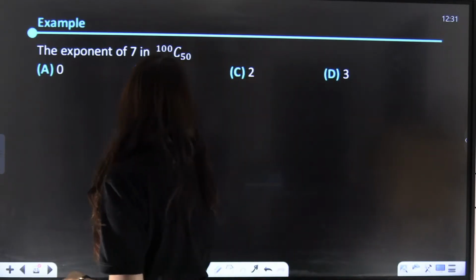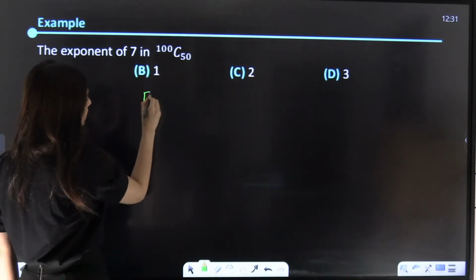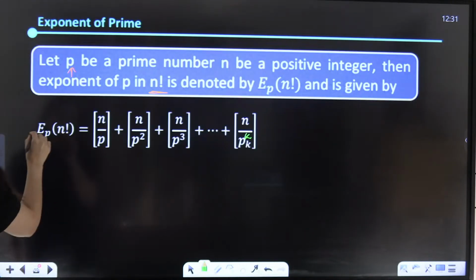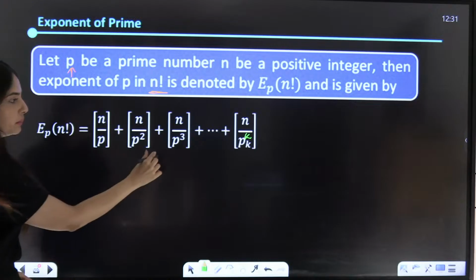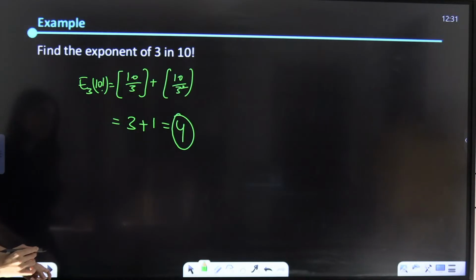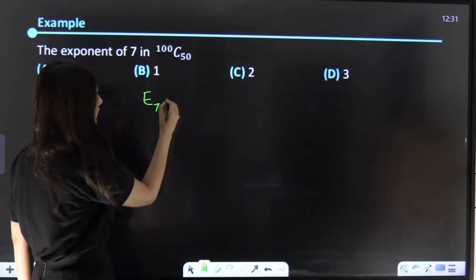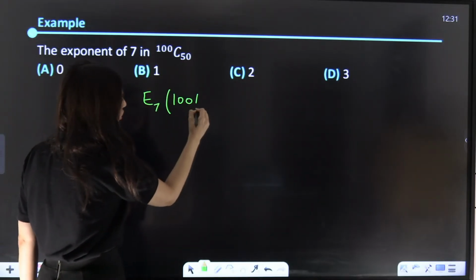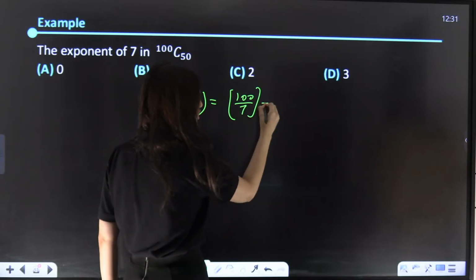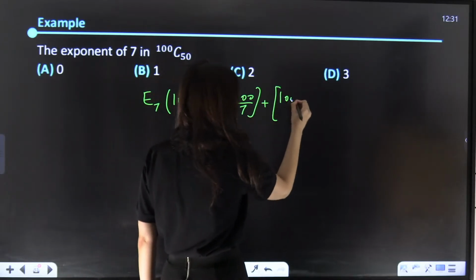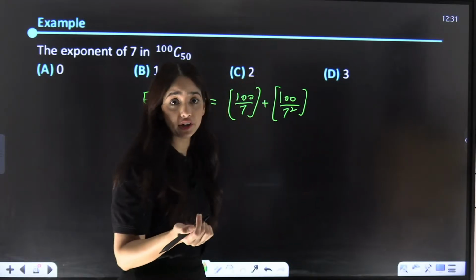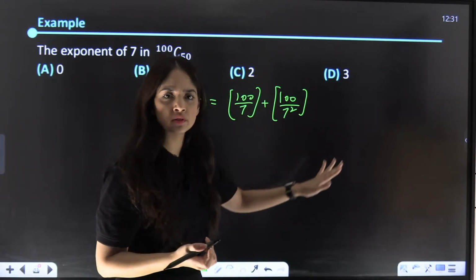Very good. So let's take a look. What was the formula? N by p square, n by p cube for n factorial, right? So E7 in 100 factorial is 100 by 7 greatest integer plus 100 by 7 square greatest integer, and then 7 cube is 343, which is greater than 100, so we stop right here.